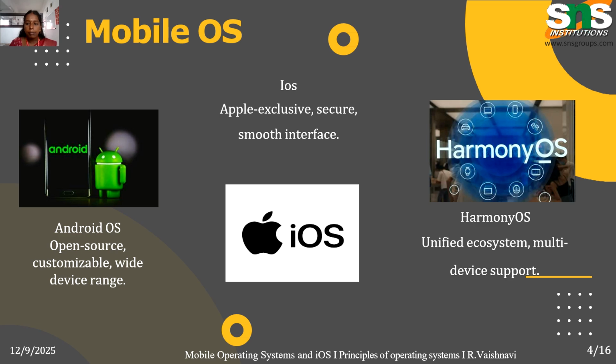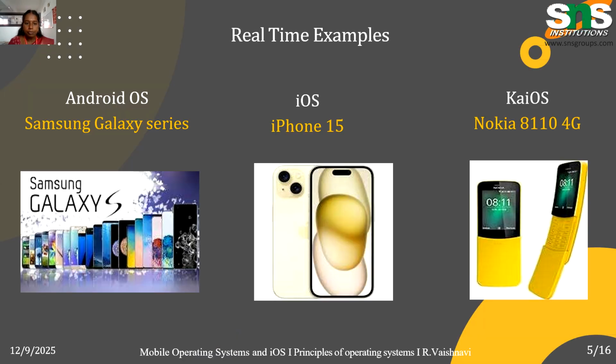And then the third one is HarmonyOS. It is a unified ecosystem with multi-device support. And then real-time examples of mobile OS. For Android, the example is the Samsung Galaxy series, and then iOS. The real-time examples are the iPhone and iPad, which come under iOS, and then KaiOS.